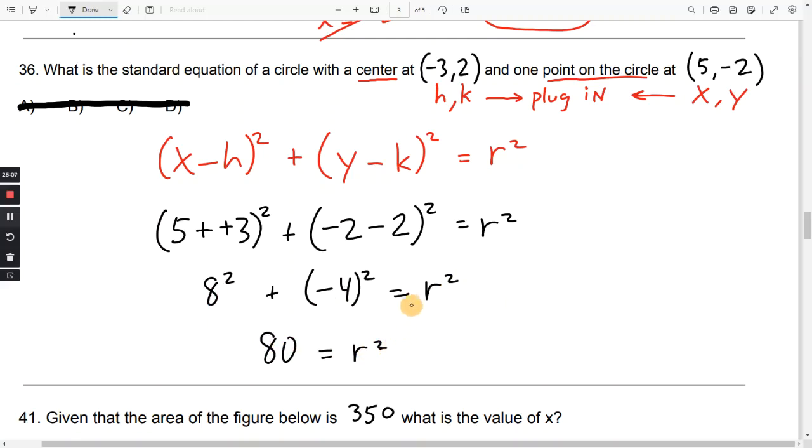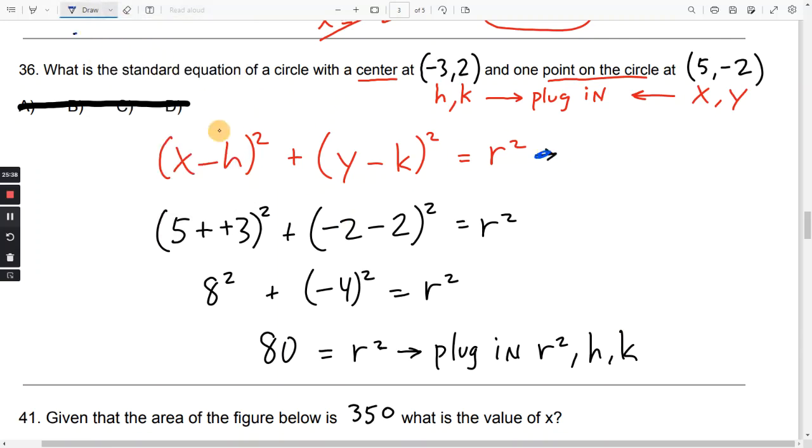Now, when you write the equation, you need to plug in r squared. We don't need r because the equation has r squared. You want to plug in r squared and also the center, h and k. Alright, so rewriting this equation here, I'm running out of room, but I'll do it right on the top.